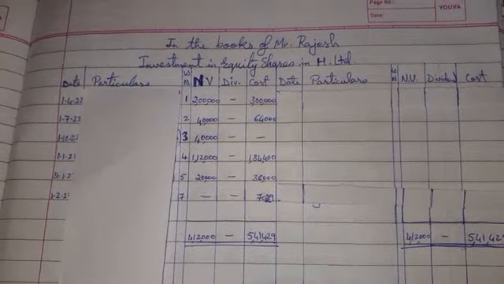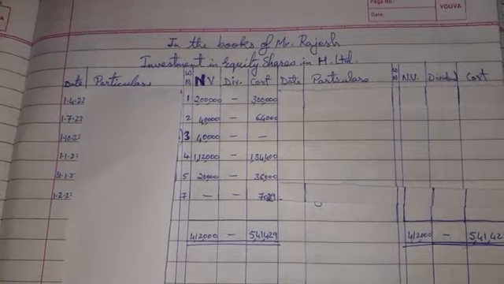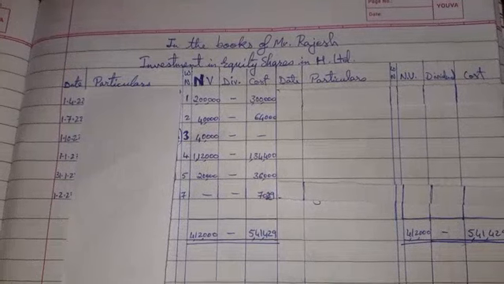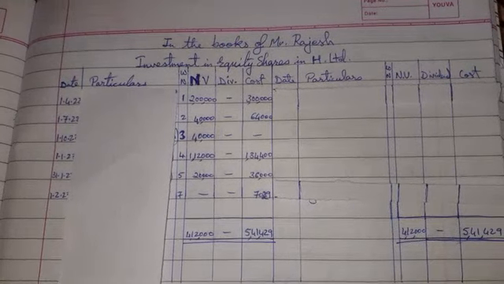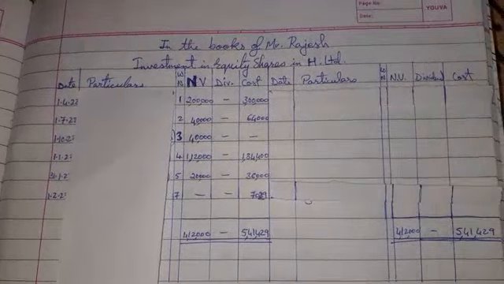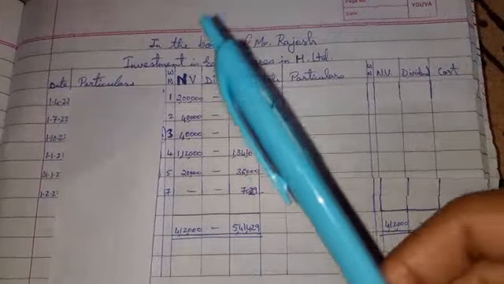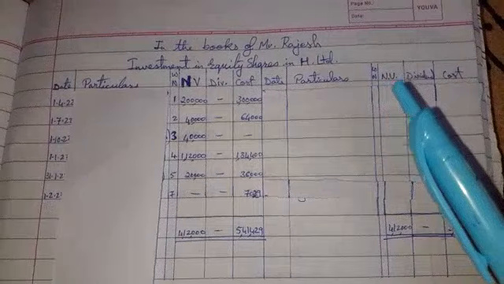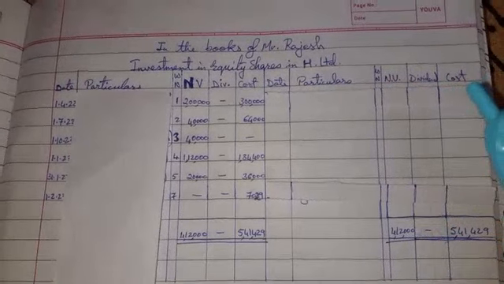How we have to prepare this account, similarly to how we were preparing for debentures investment: date, particulars, working note, nominal value column, dividend column, cost column.